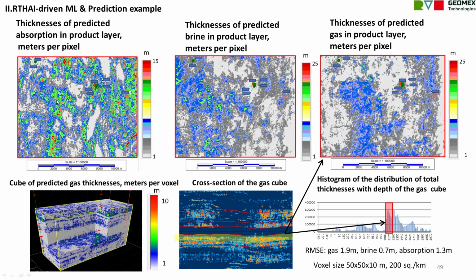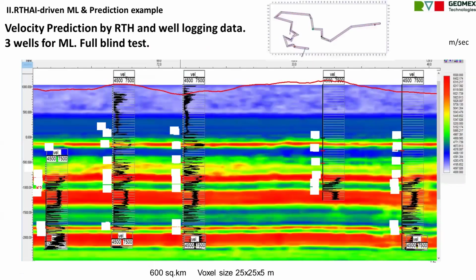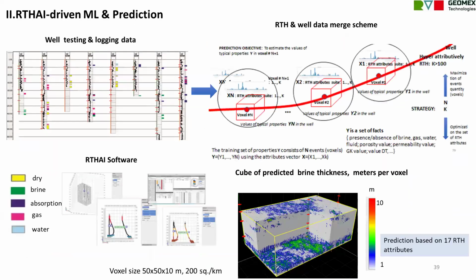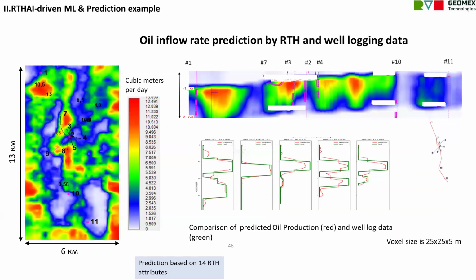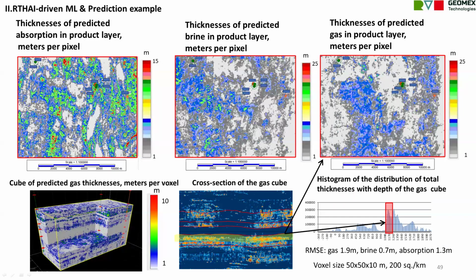Ten meters of absorption is information not, as I said, logging, but information from testing. It's testing information, not logging. This is logging information, but in this case absorption is testing: pure absorption testing, testing for brine, and testing for gas.